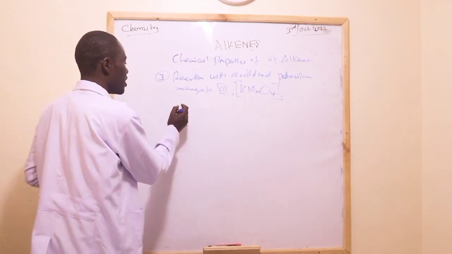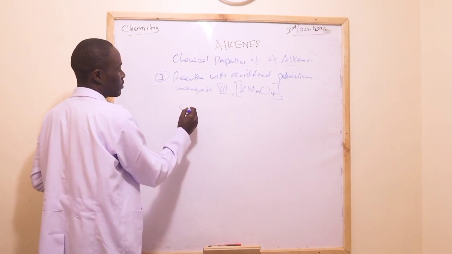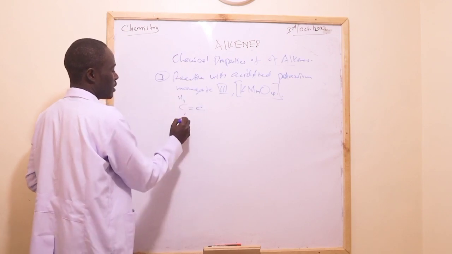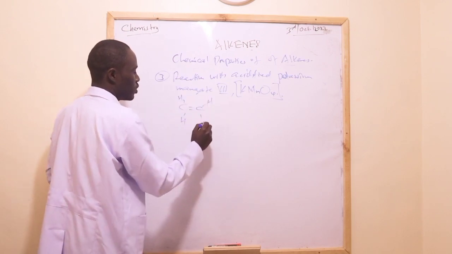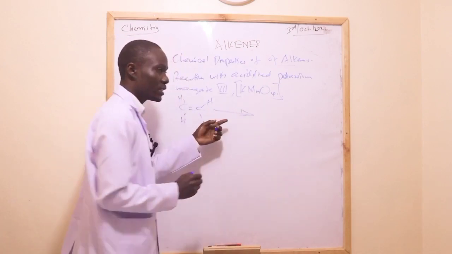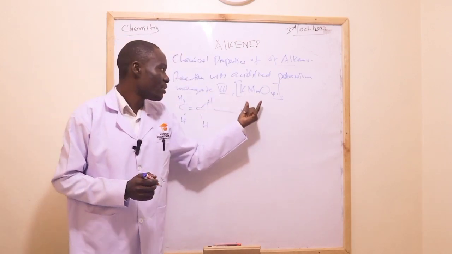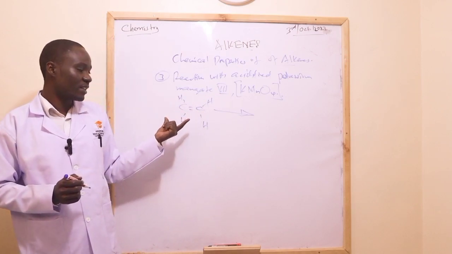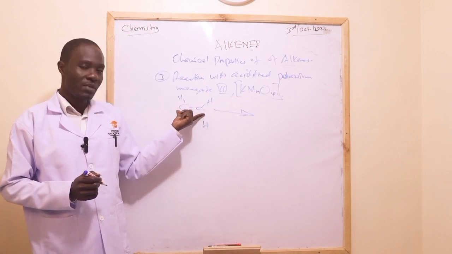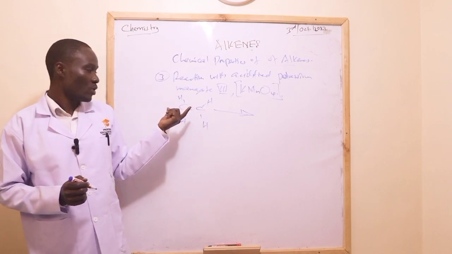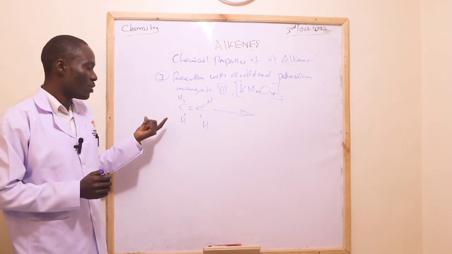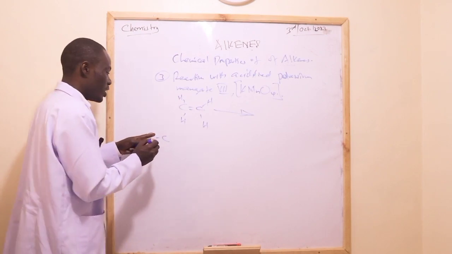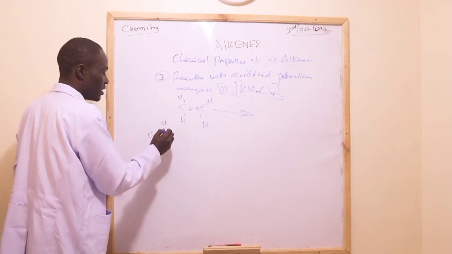Should we use our ethene member here, C double bond C with hydrogens, and add some molecules of the acidified potassium manganate(VII) onto the molecules of any member, like in this case ethene? You'll find that the ethene member will be oxidized when the double bond is broken, and it will form something like this.